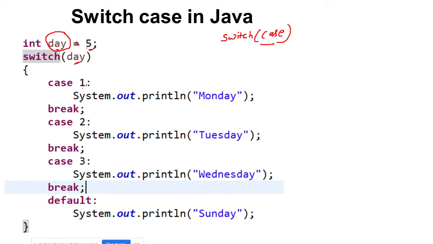So is it 5? No, it is 1, so it will not go inside this code part. It will not execute these three lines. It will come here and check whether this is your case. No. This is your case? No, my case is actually 5. There is no 5 here, so it will run default, which means Sunday.